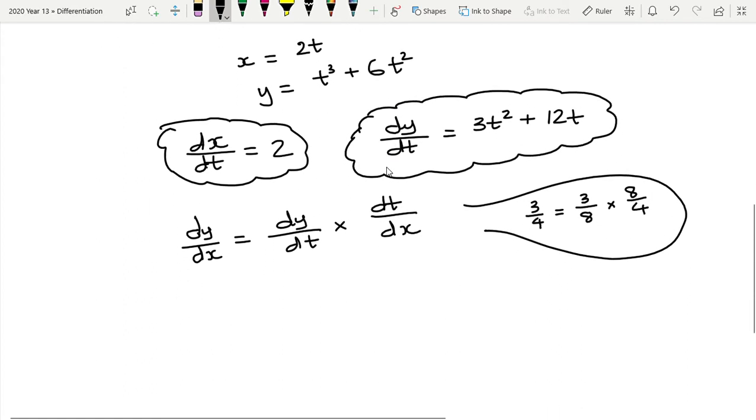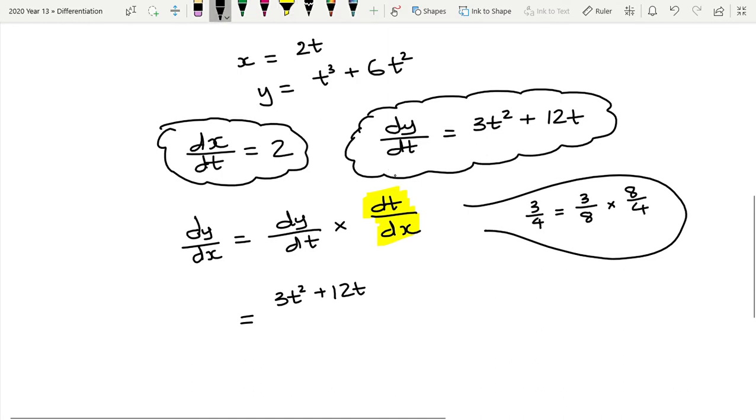Okay, so let's move on. I know dy over dt is going to be 3t squared plus 12t. And then I have dx over dt, which is the upside down one. So I have dx over dt up here, but now this one is dt over dx, which is the upside down of dx over dt.